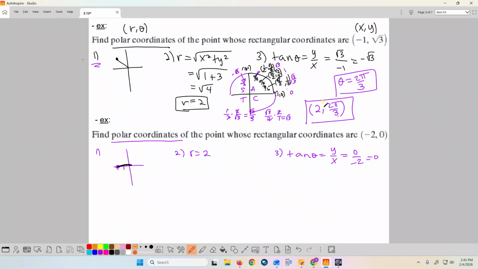I'm looking for 0 in this particular question, but notice that my point, again, we always come back to step 1, was plotted on the left side of the x-axis, which means I'm more interested in this side. And that coordinate is -1, 0. Now, if I divide y over x, do I still get 0?